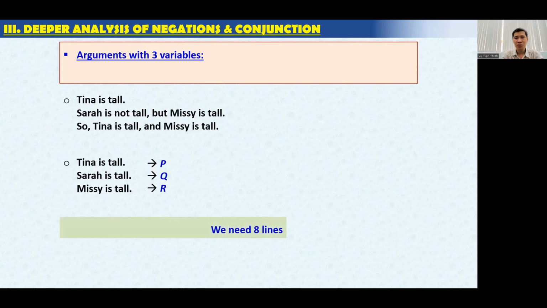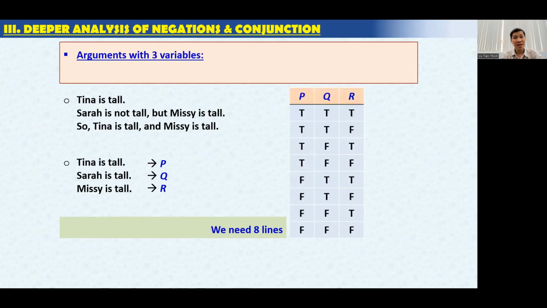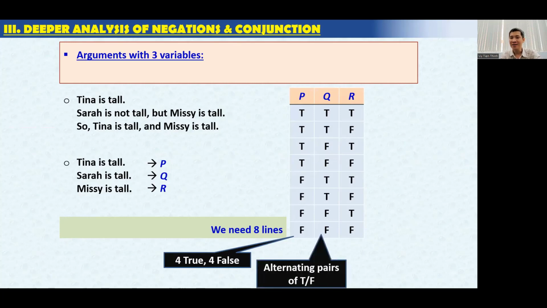In order to consider all of the combinations of the values together, we need 8 lines, remember? For P, the first variable, we have four true, four false. And for the second variable, Q, we have alternating pairs of true, false.